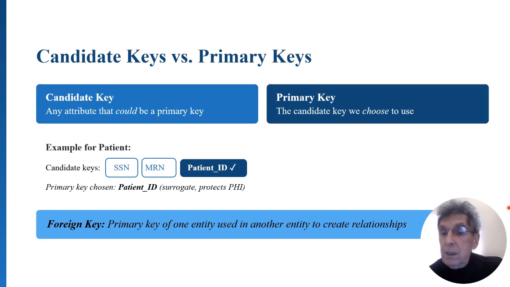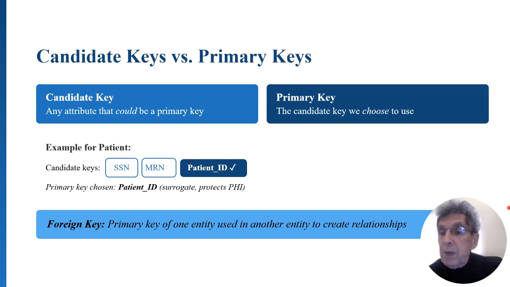It's unique for each individual. Medical record number is a candidate key. It's unique within the organization. Patient ID, a surrogate key, is a candidate key. Email might be a candidate key if every patient must have a unique email. From these candidates, we choose one to be the primary key.